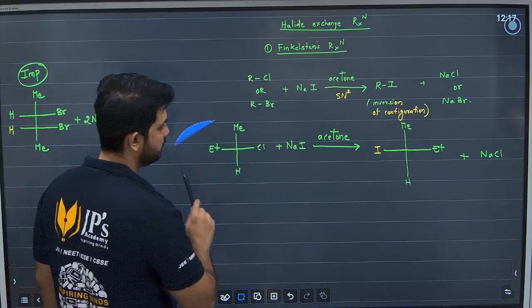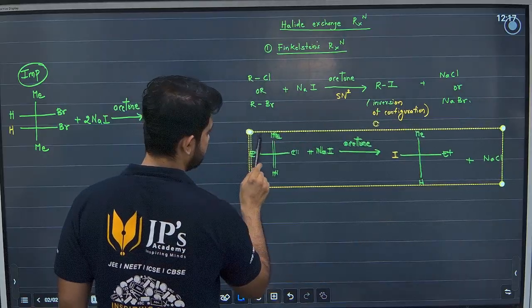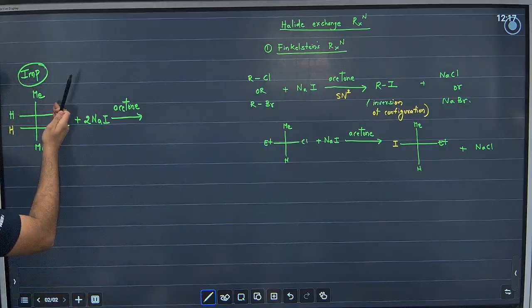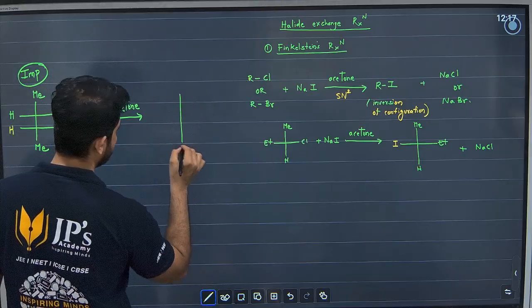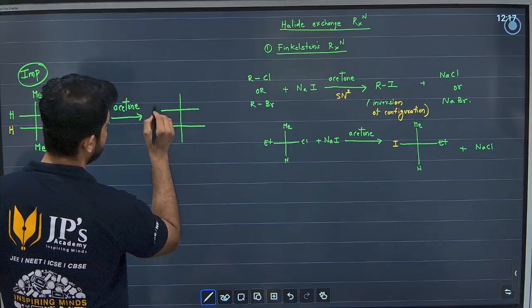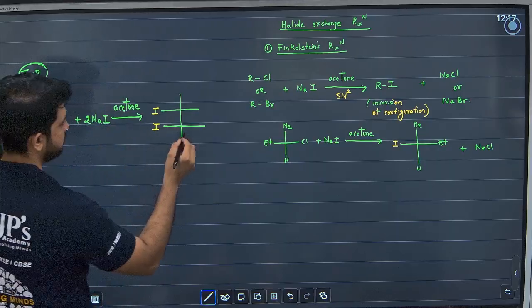What will happen here, people? Step 1. In place of Br हम क्या लिखेंगे अभी? I. But configuration inverted. So I over here and I यहाँ पे, and what do we have?